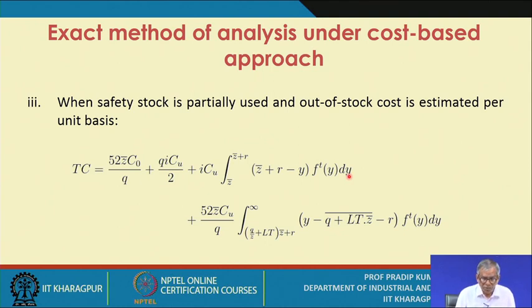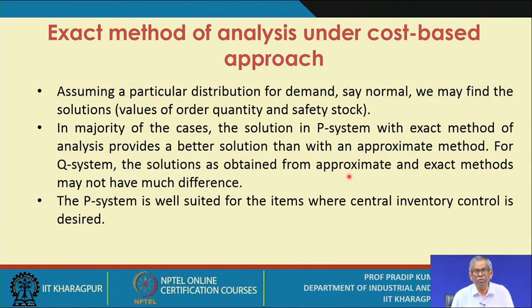As far as possible, we have tried to make it as explicit as possible, but the main point is that you must be able to write down the total cost expression in terms of the decision variables.